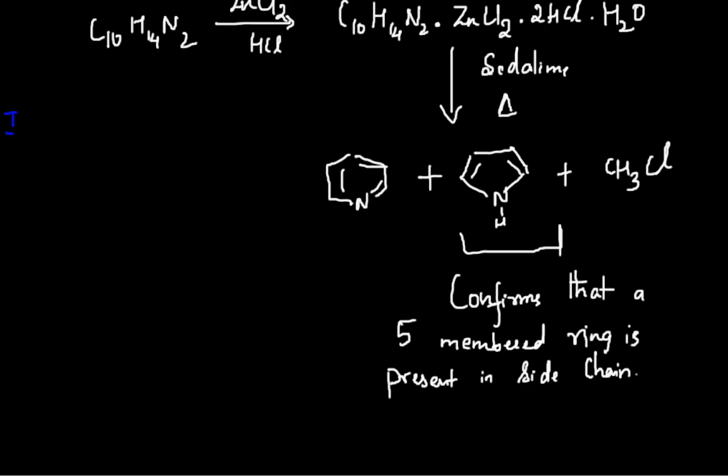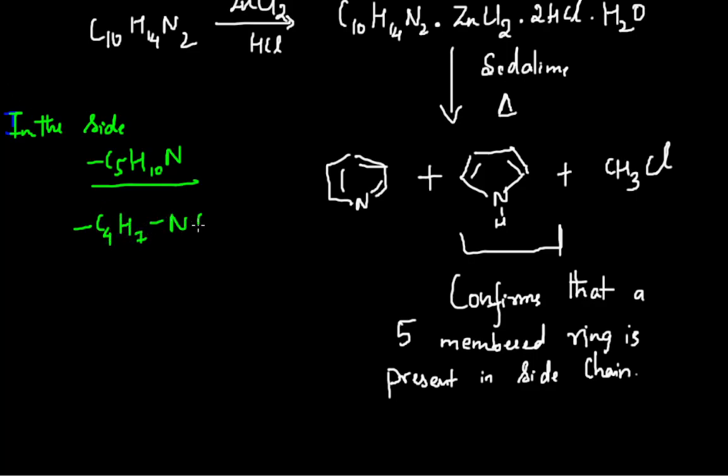No. So let me take a green one. In the side chain, we need to account for C5H10N. Now we also told that there is an N-methyl group, so it is C5H7. Sorry, let me go back. If there is an N-methyl group, it is C4H7, and there is an N-methyl group.